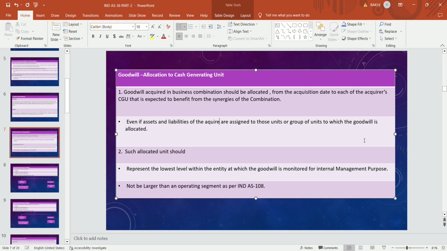So that goodwill is to be allocated, because that formula is used to enhance the business of company A, the acquirer company, to the cash generating units of that acquirer company.